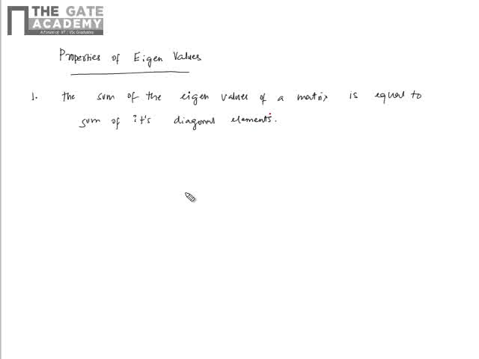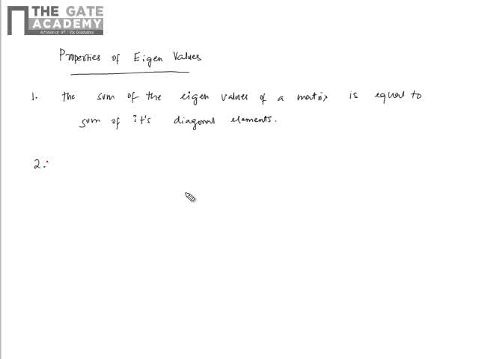If you imagine a 3 by 3 matrix, you will get a cubic characteristic equation, and the sum of the roots, that is the sum of the eigenvalues, will be the sum of the diagonal elements. This is a pretty standard result, and it boils down to finding the sum of the roots. You can derive it also, but I'm just stating these important facts.